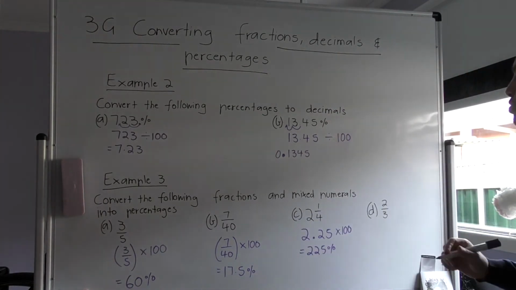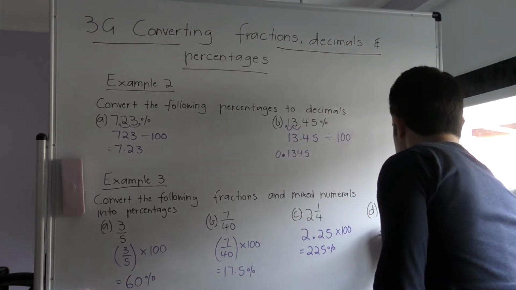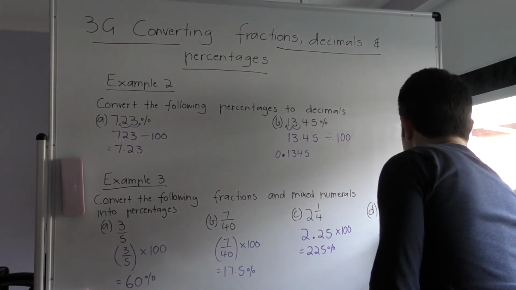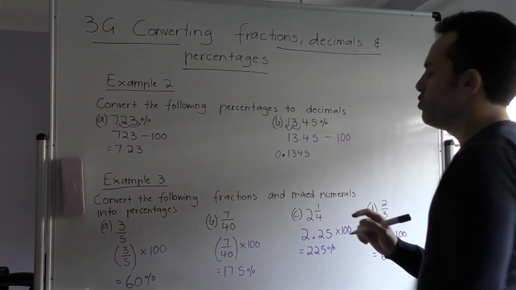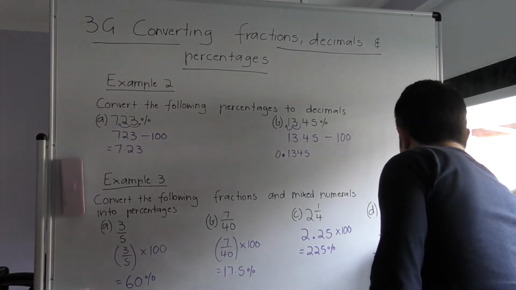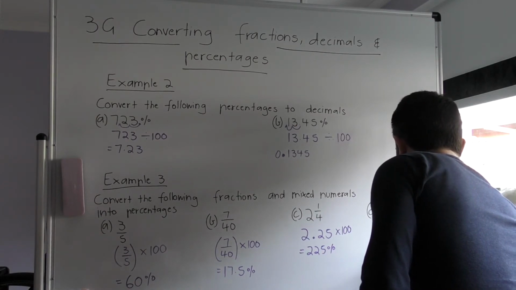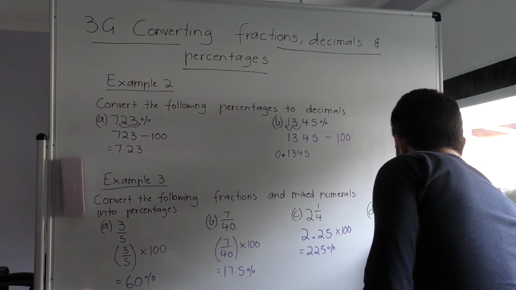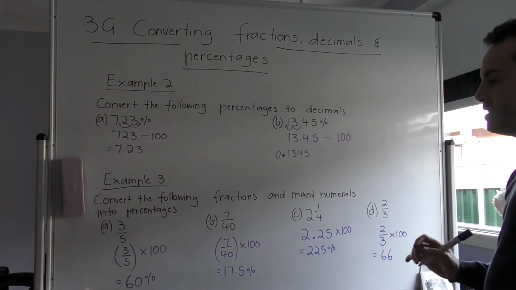Okay, now 2/3. Okay, again, we times that by 100. So we should get 66%. Or if we're going to round off, we can get 67%. But it would be 66% recurring. But you can't really write recurring here as a percentage.